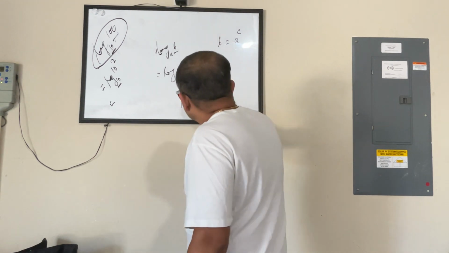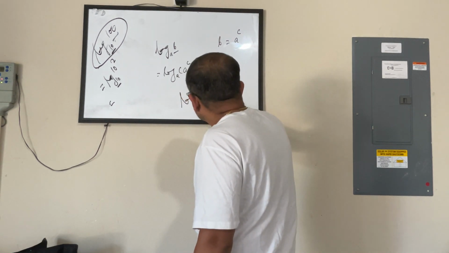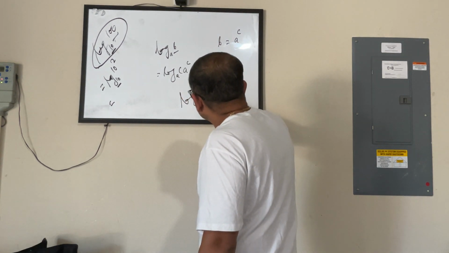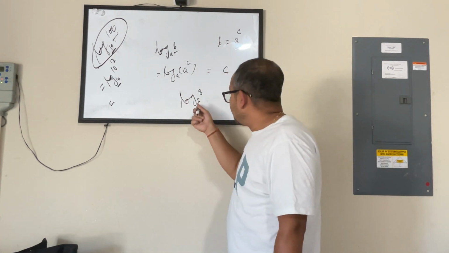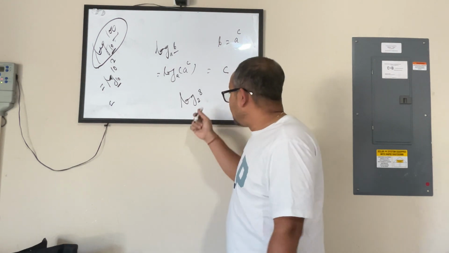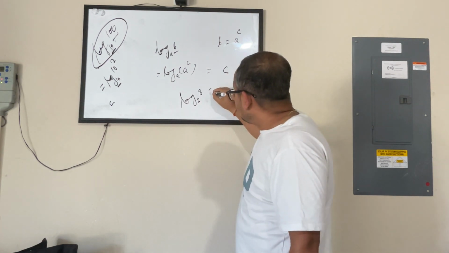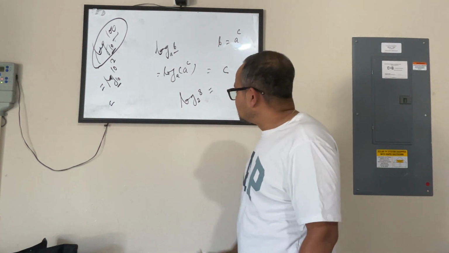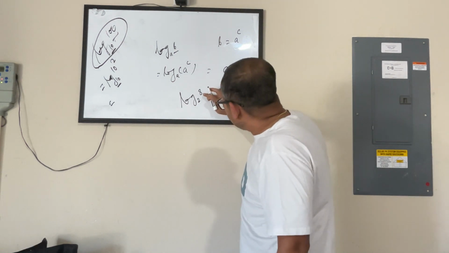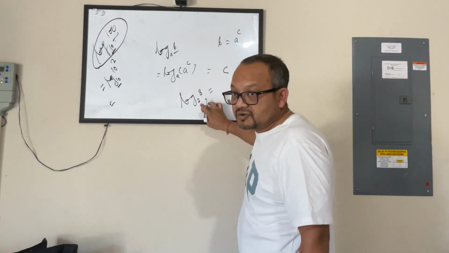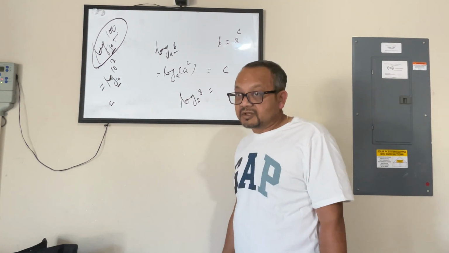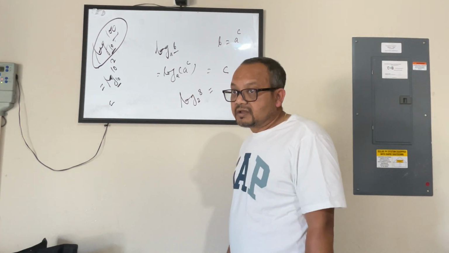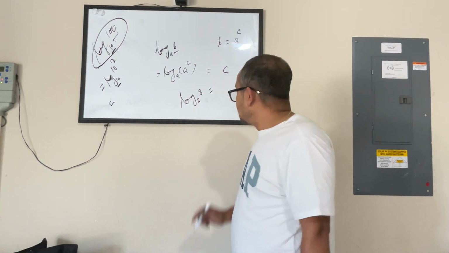So let's do some simple maths. If I am trying to find out the value of this with base 2, can you tell me what will be the answer for this? Just try relating it. We are trying to derive 8 as a power of 2. So 8 will be 2 to the power 3, 2 into 2 into 2.